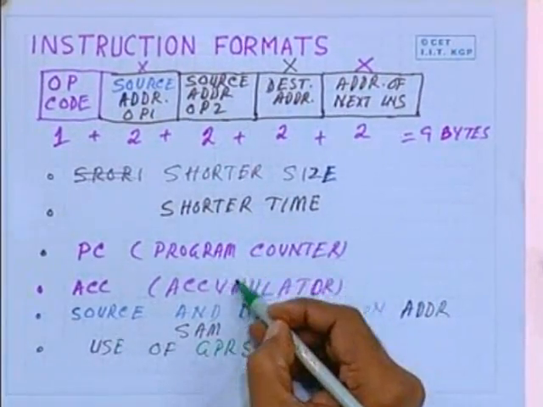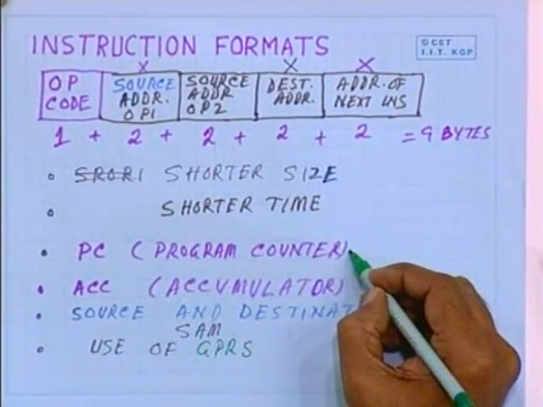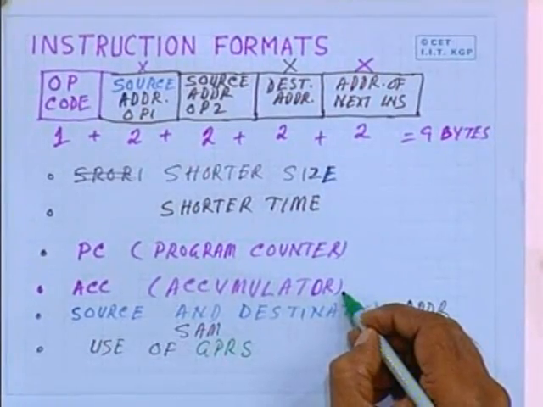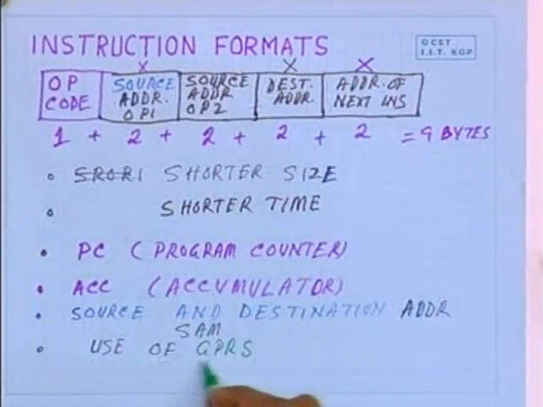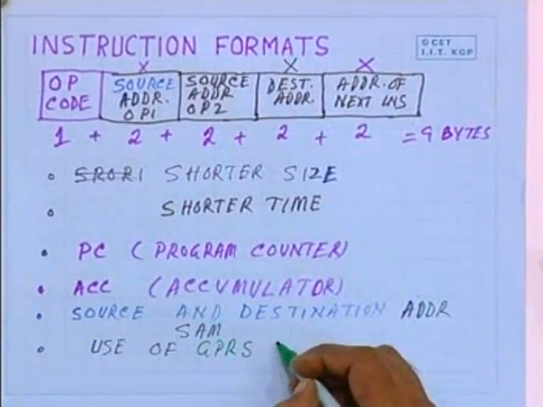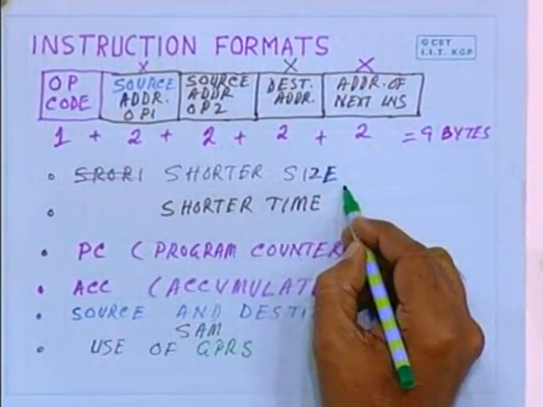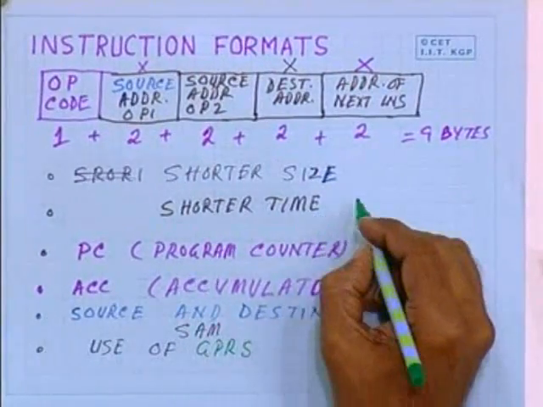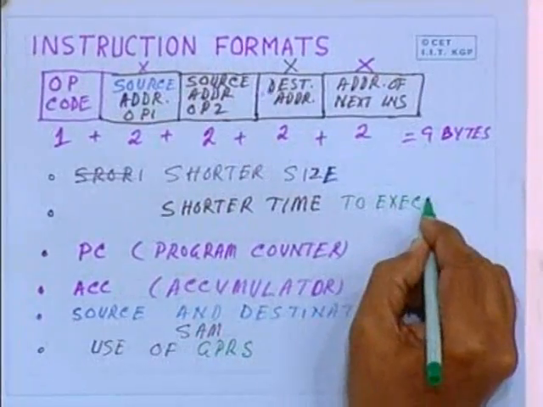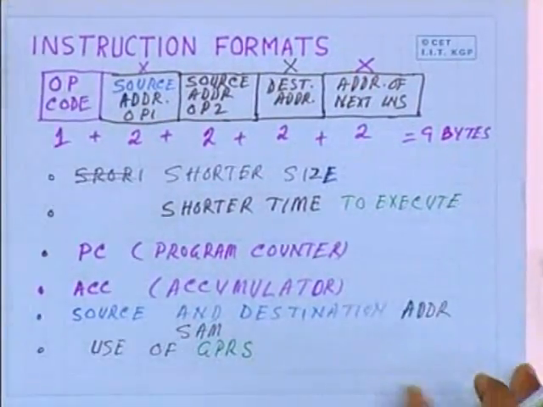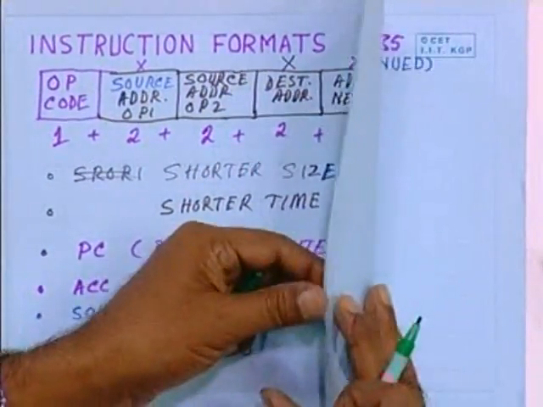So the use of these techniques, use of program counter, use of accumulator, use of the same source and destination address, and use of general purpose registers, leads to shorter instruction size and shorter time to execute. Based on this, you can devise the instruction formats.